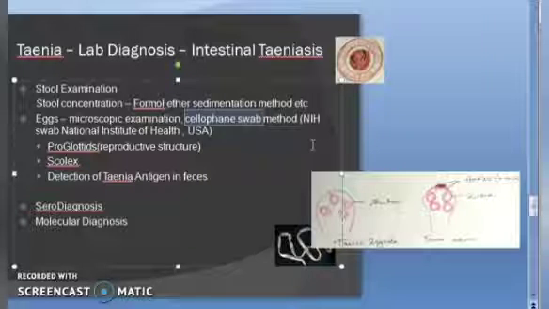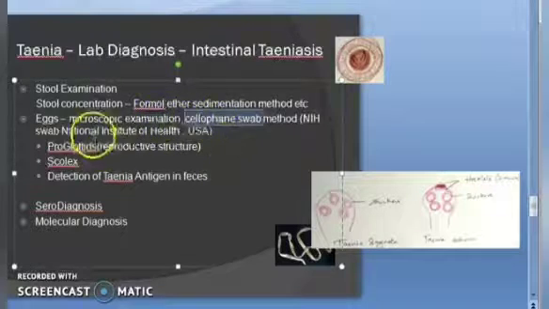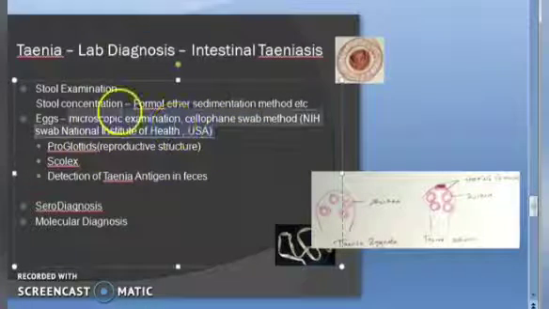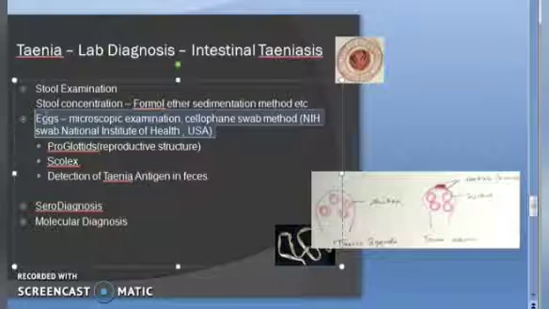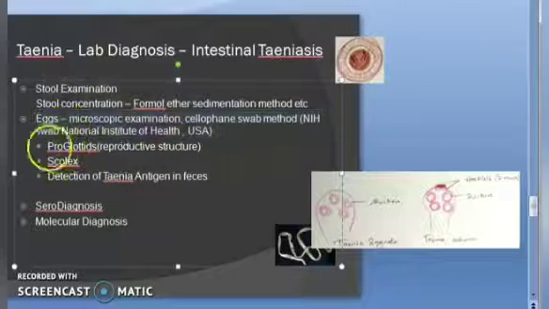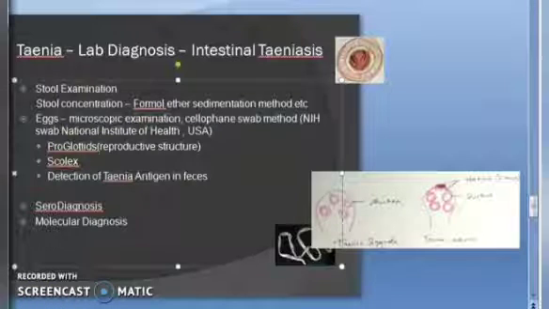Especially for animals, it's very useful. You stick it to the perianal part and remove it, you will get some material that you examine. In that you can detect the eggs. So that is the cellophane swab method. Let's move on now.